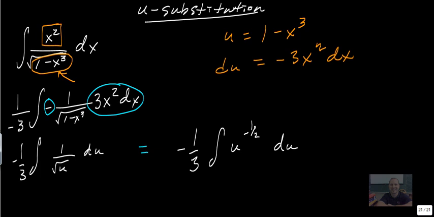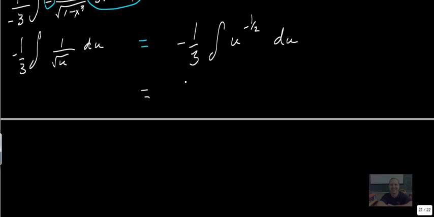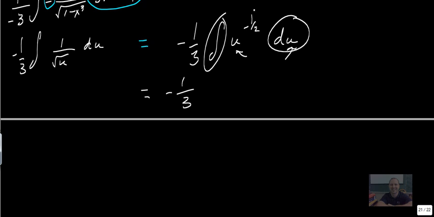So that is going to be fairly simple. We have negative 1/3, and now that we're actually integrating, the du can be dropped because we have u and we have u. We add 1 to get u to the positive 1/2, and then I do 1 over 1/2, which is really times 2, plus c. Is that looking okay so far?